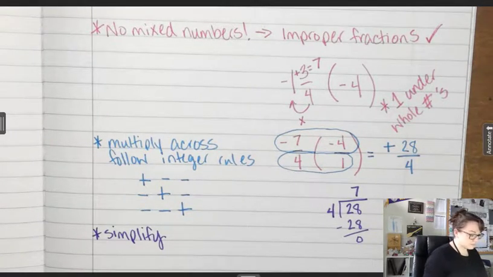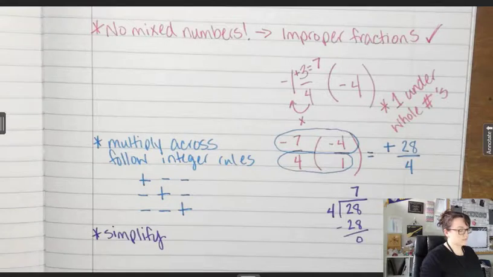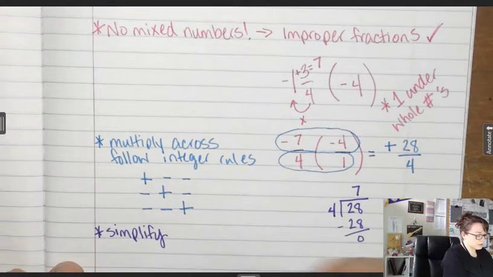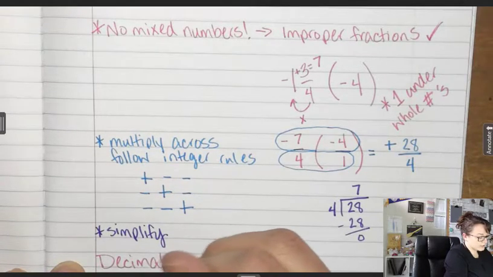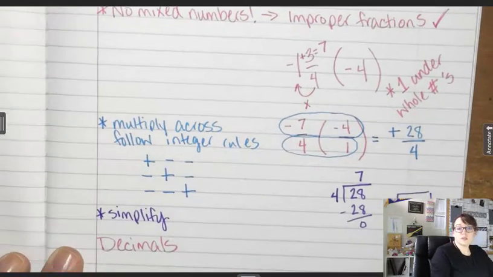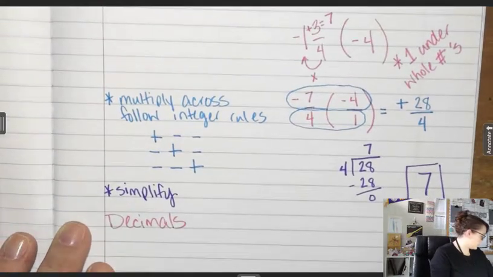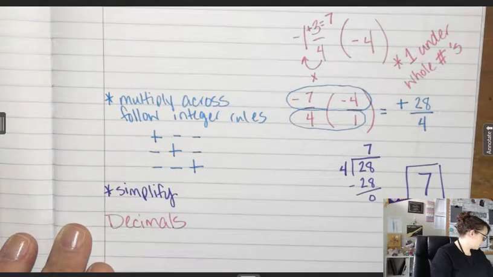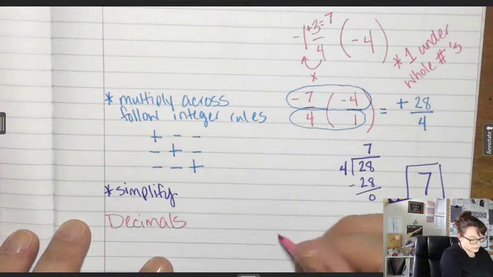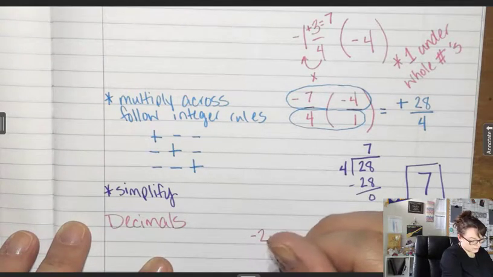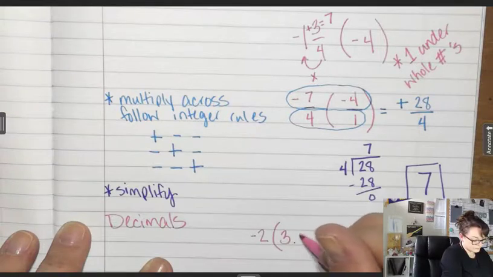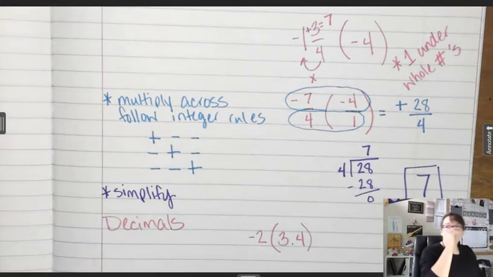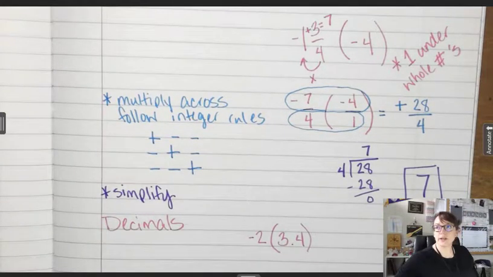Now, that was fractions. Decimals is the same thing. In fact, we're just going to work an example. If you have -2 times 3.4, how would you have set this up in 6th grade?